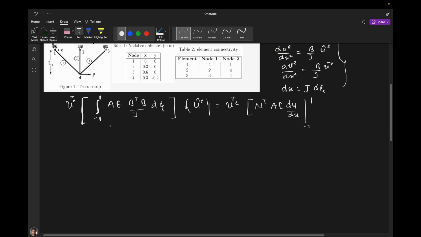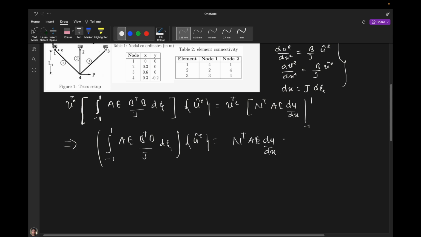Since V transpose E on the left-hand side and right-hand side are the same, we can write the integral from -1 to 1 of AE B transpose B divided by J d zeta, times U hat E, equal to N transpose AE du/dx from -1 to 1.